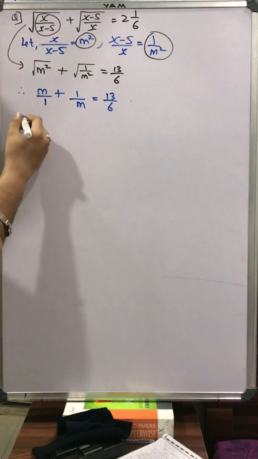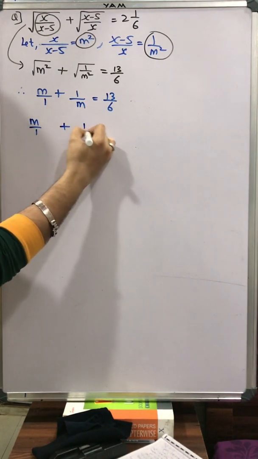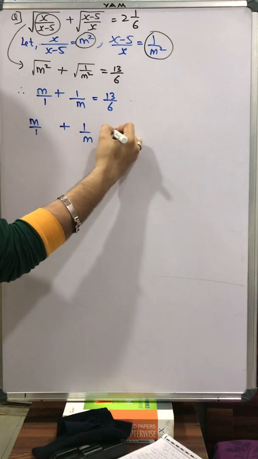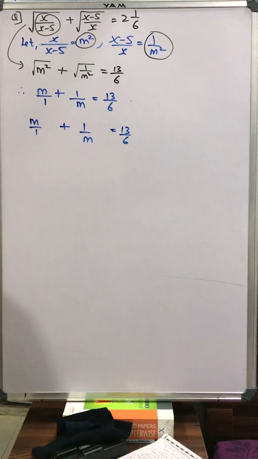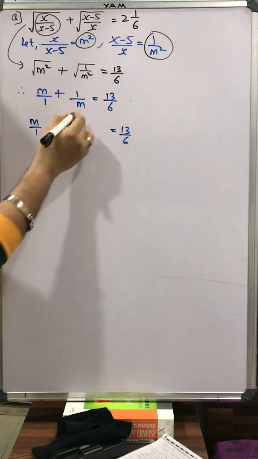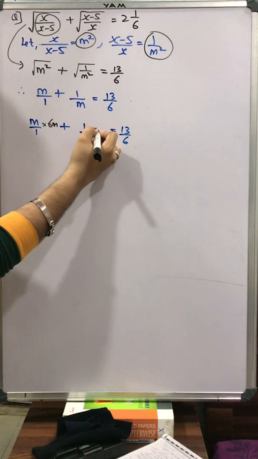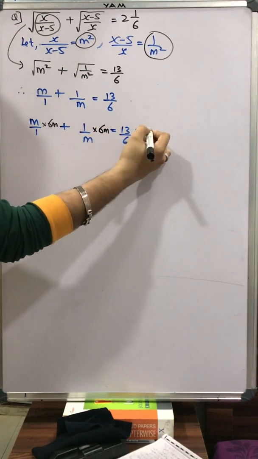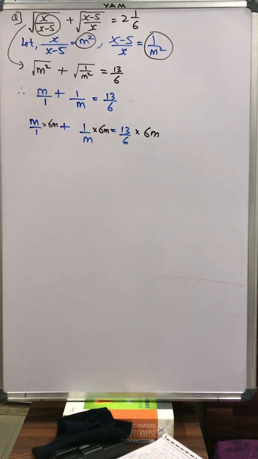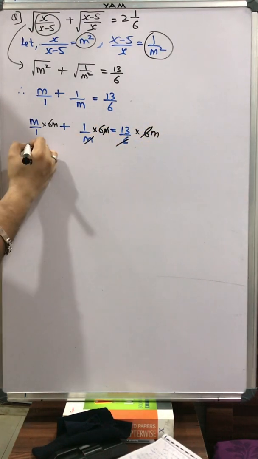So here I have m upon 1 plus 1 upon m is equal to 13 upon 6. And I just need to multiply with 6m. LCM is m and 6m. So multiplying here with 6m, multiplying here with 6m, multiplying here with 6m. Okay, this m cancels, 6 cancels.